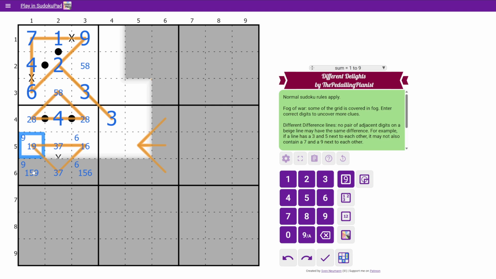Can the 9 go with the 6? It would be 6 and 2. 3 and 1.